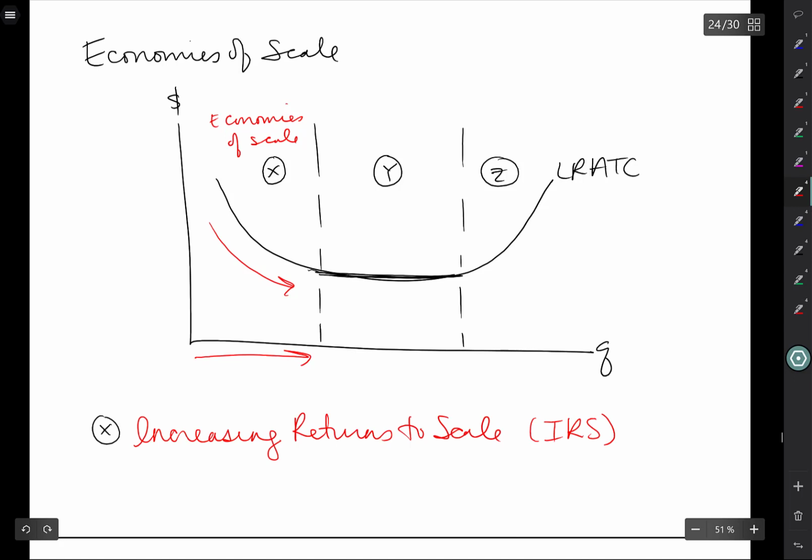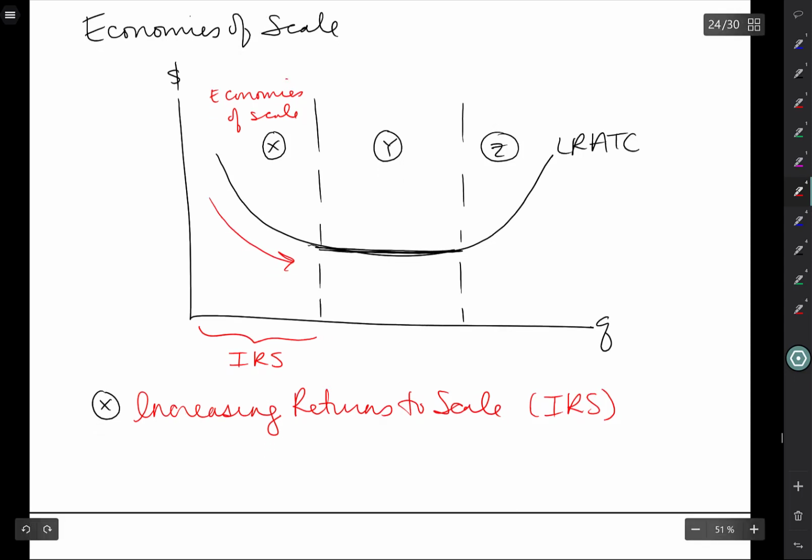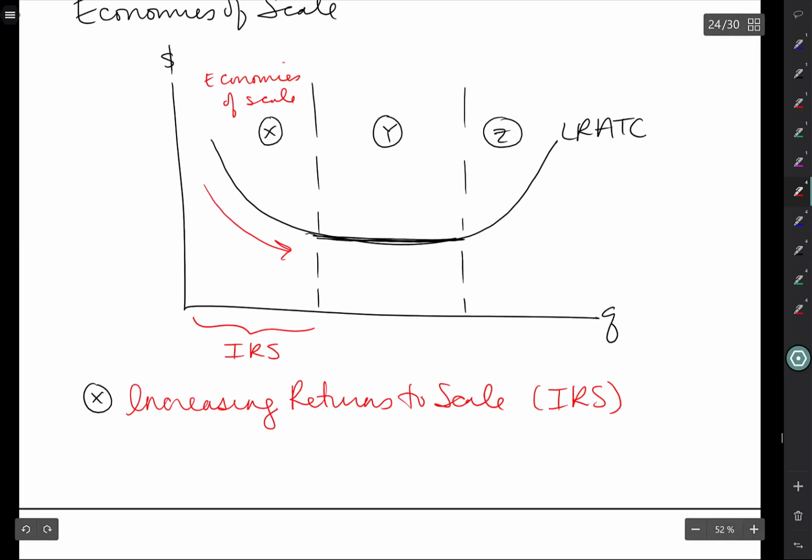So in this region here, the production function is exhibiting increasing returns to scale. In other words, the average total cost curve is going down as we scale up, as we get bigger. We produce more, right? We get bigger in terms of the size of the firm. And look at what this means. Let's look at the average total cost curve.